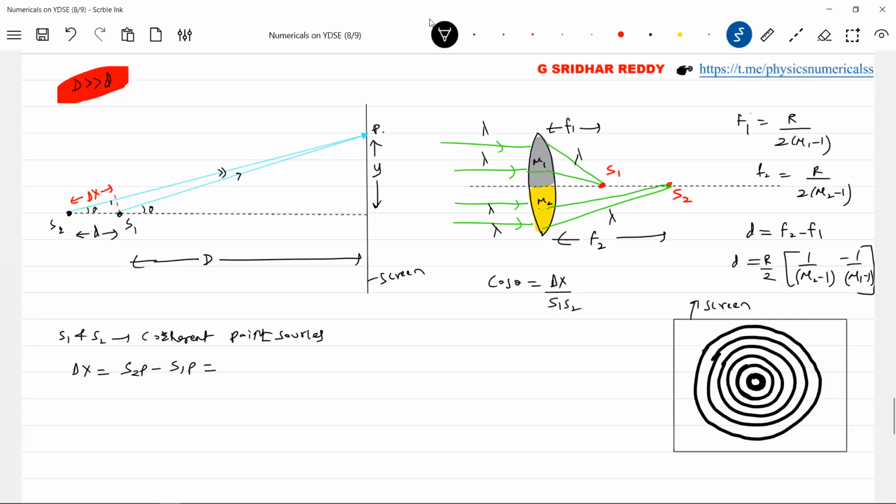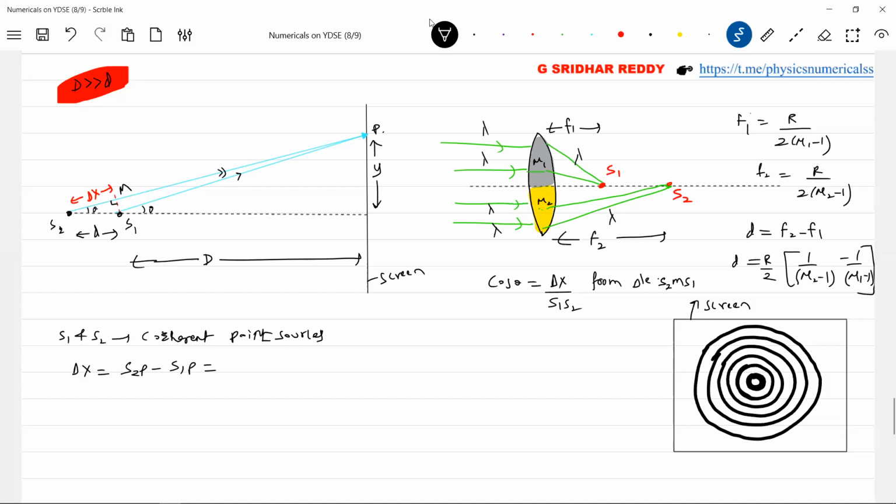This will be the 90 degrees. From where am I writing? From the triangle S2MS1.